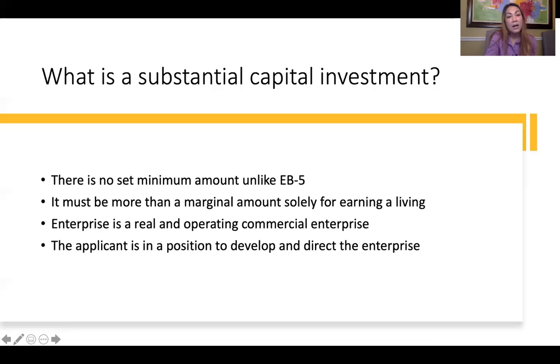Okay. The applicant is in a position to develop and direct the enterprise. Here, it's very important to look at the background of the applicant. So I require my clients to submit a resume. Did he come from the medical industry?